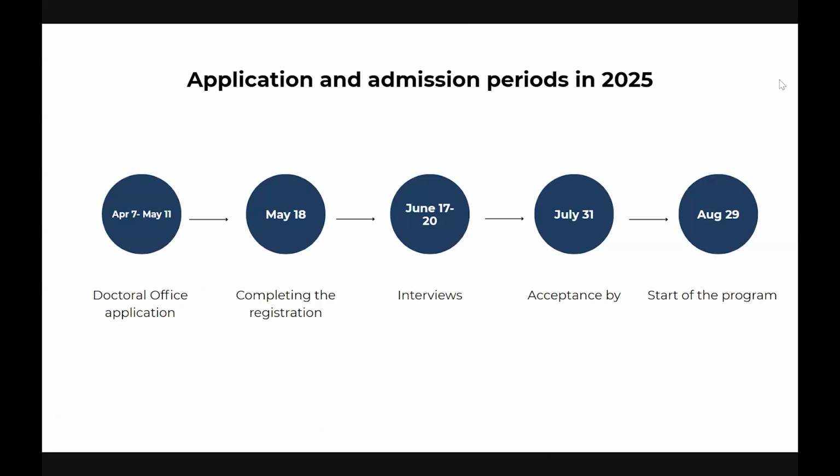Because everyone who is studying in our center, except the MSc students, is also allocated in the doctoral division. And for the doctoral office, the application time is between the 7th of April and the 11th of May. So on the doctoral office website, this is the time when you can apply.